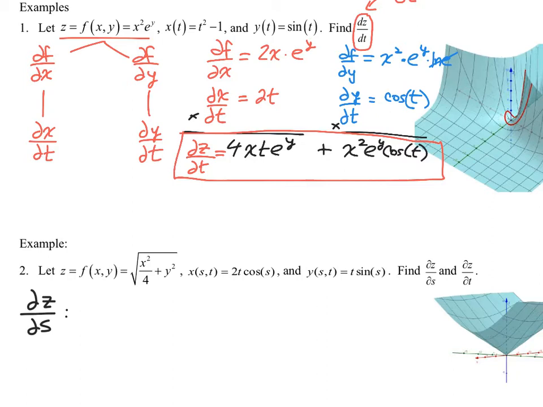And then to find the partial with respect to s, I'm just going to take the relevant pieces from the pathways that emerge. So I'm starting off with my original function f. I could take the partial of f with respect to x, or I could take the partial of f with respect to y.